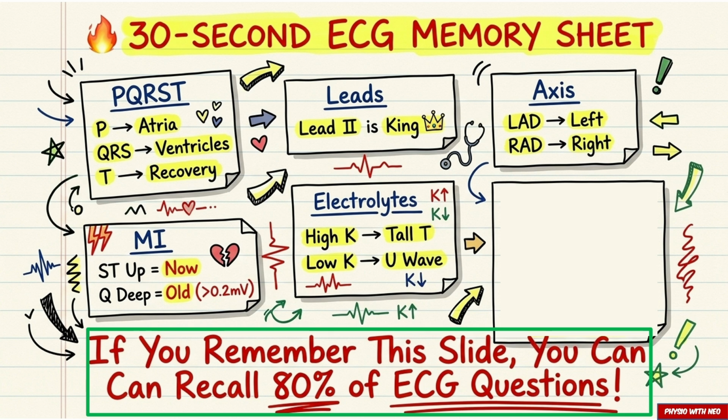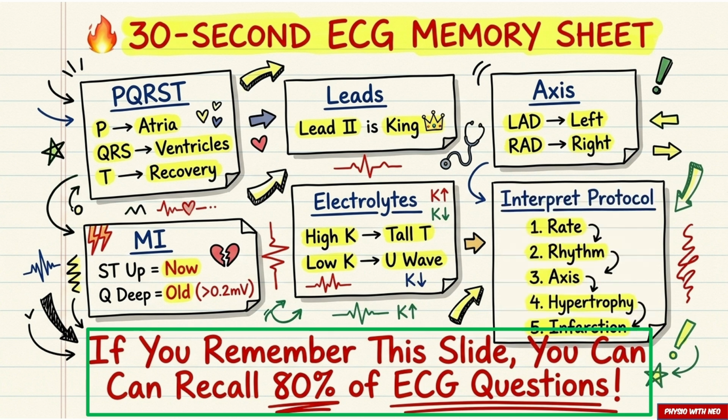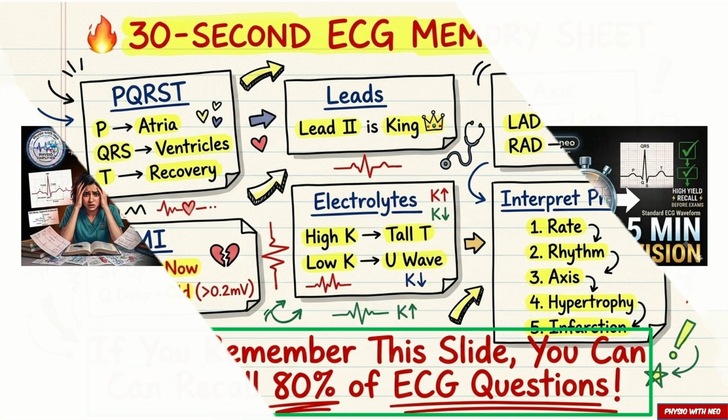Electrolytes: high potassium, tall T wave; low potassium, U wave. And whenever you come across any ECG and you have to interpret it, remember these 5 steps: rate, rhythm, axis, hypertrophy, and infarction. If you remember this slide, you can recall 80% of ECG answers in your exam.